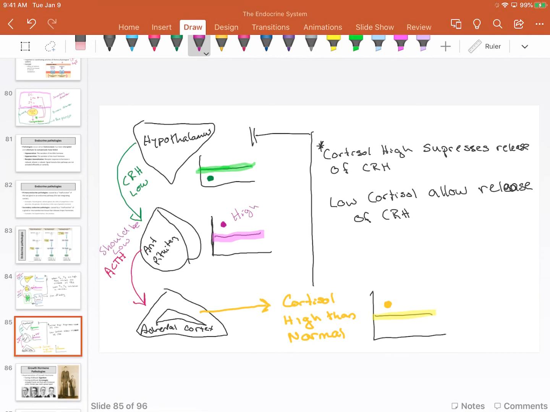It's high. Now let's look at cortisol. If ACTH is abnormally high, should my cortisol levels be high or low? Remember, ACTH commands the adrenal cortex to release cortisol. So, yeah, my cortisol levels should be high. This is responding appropriately, in terms of the pituitary is in command.